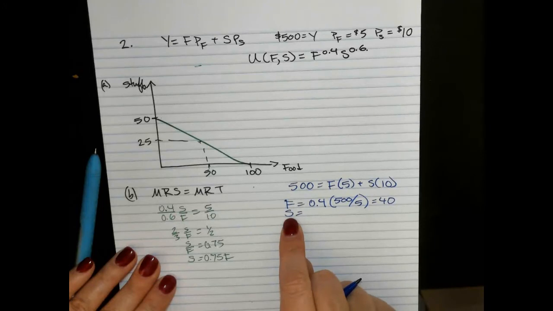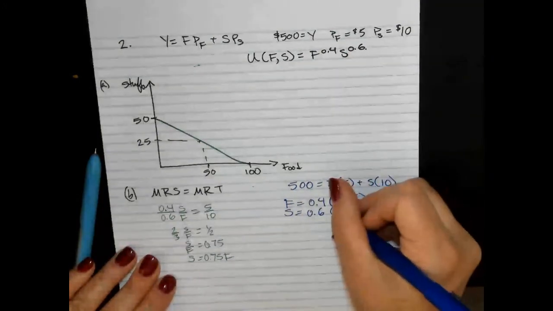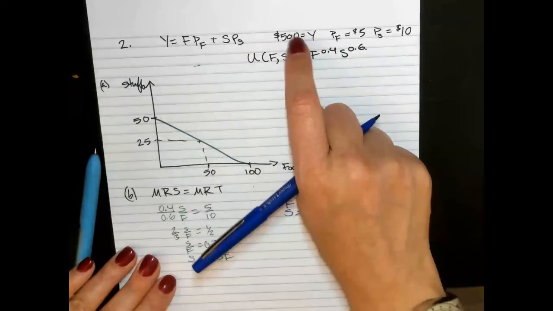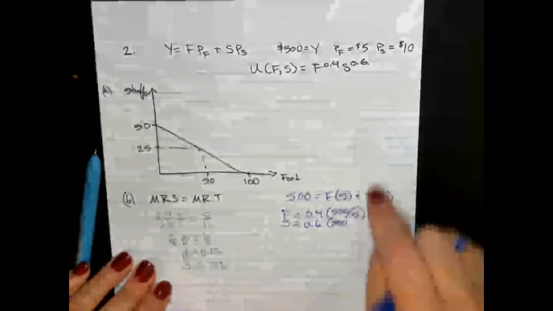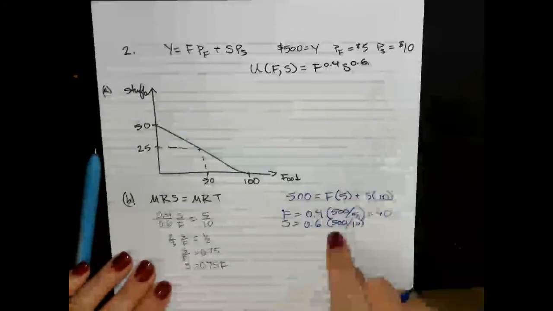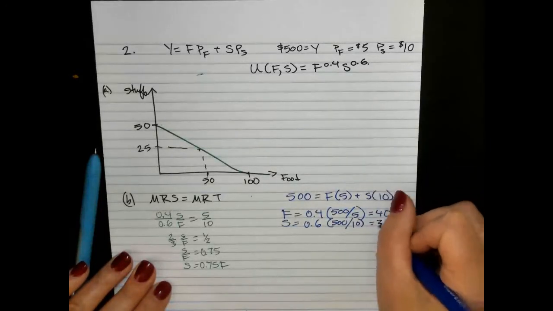For stuff, it would be the coefficient for stuff, 0.6, times 500, our income, divided by the price of stuff. 500 divided by 10 times 0.6 is 30.